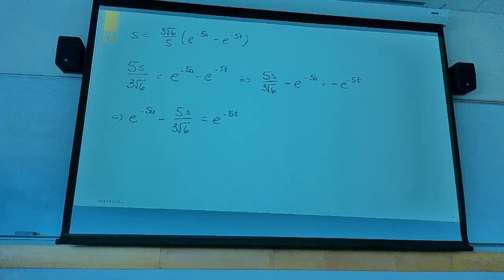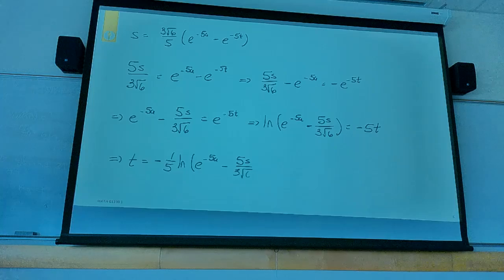Can you take the natural log of both sides? There's your t in terms of s.